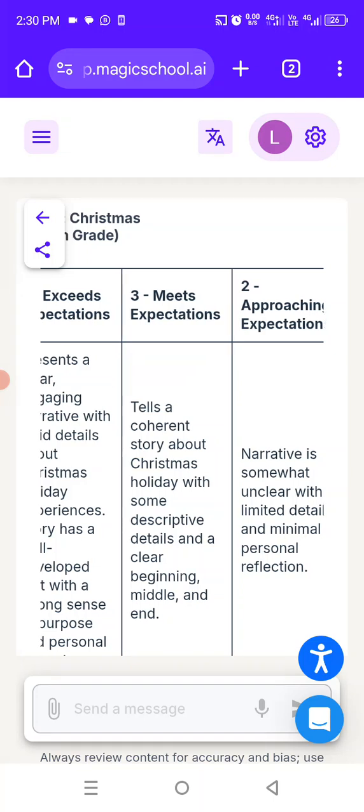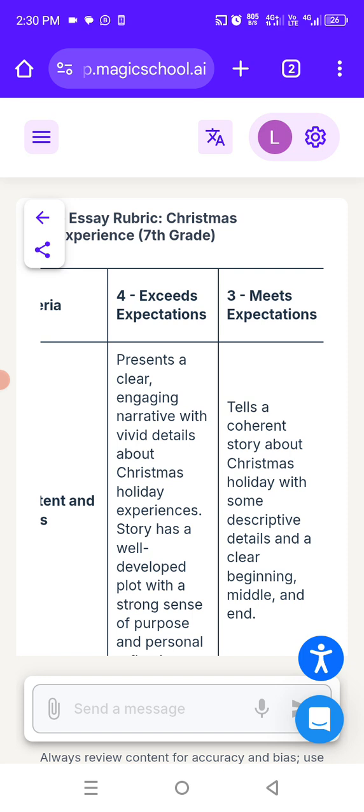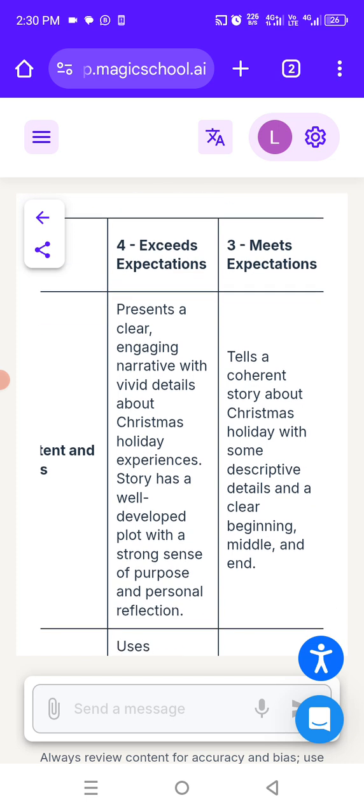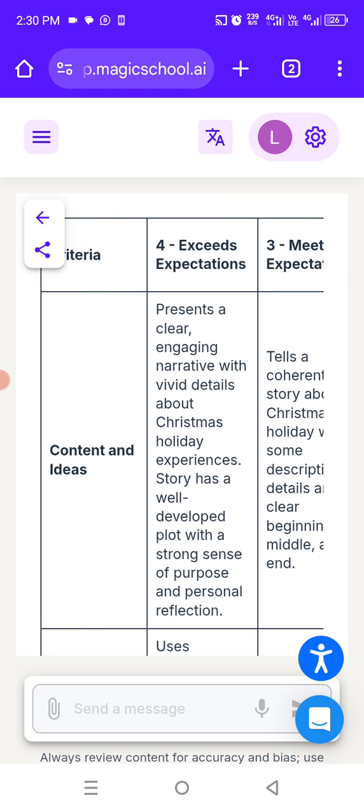And of course, exceeds expectations presents a clear, engaging narrative with vivid details about Christmas holiday experiences, and the story has a well-developed plot with a strong sense of purpose and personal reflection. You can award the full 5 marks for this criterion.